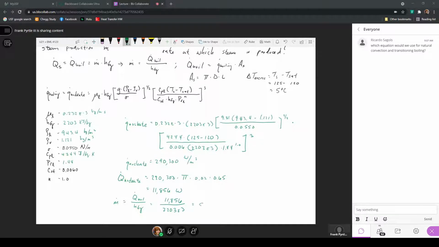All right, so I get here 5.38 times 10 to the minus 5 kilograms per second, or let's do this per hour. There's 3,600 seconds in an hour.